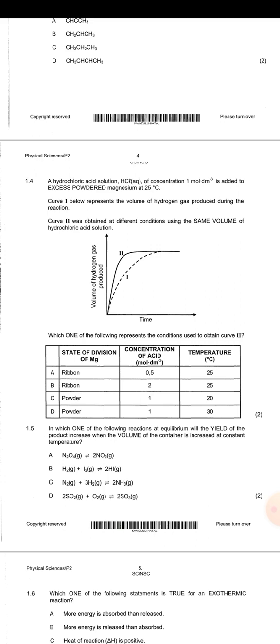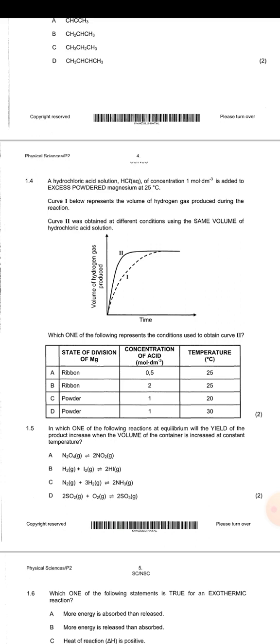But then remember, when you decrease pressure, we favor the reaction that produces more moles of gas. So in this case, we are looking for one which has more moles of gas on the product side than the reactant side. When you look at A, we have 1 on the left, we have 2 on the product side, so A is definitely the correct answer.